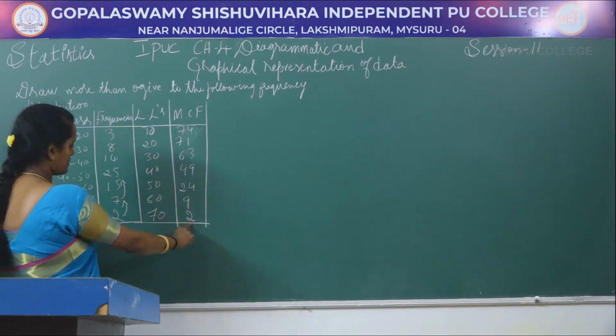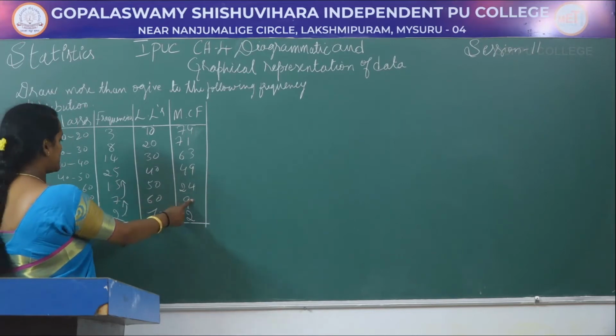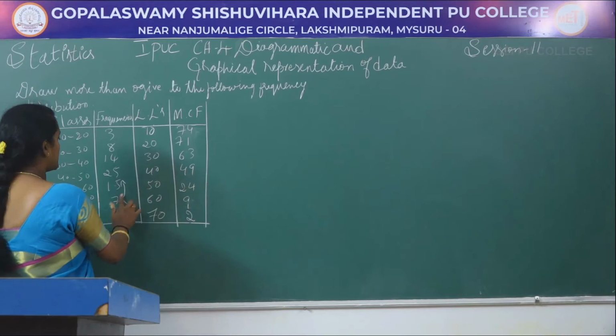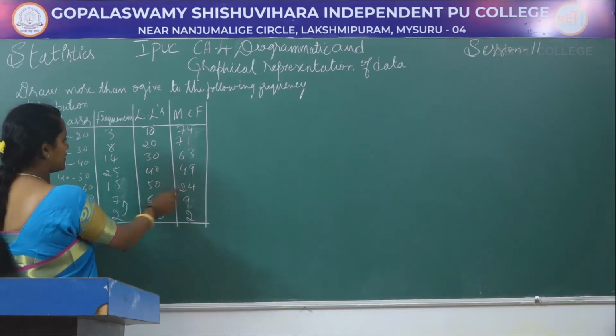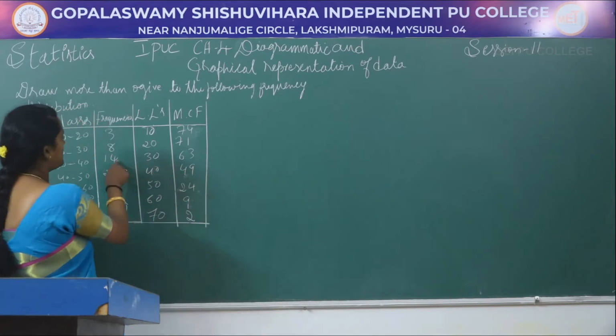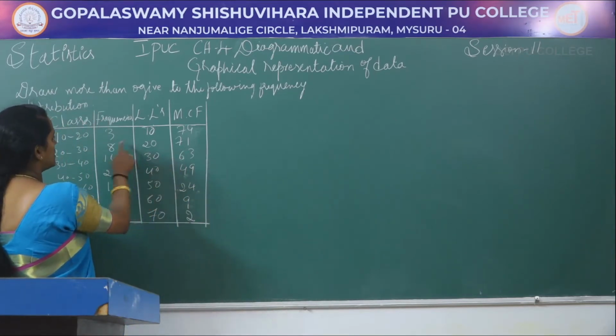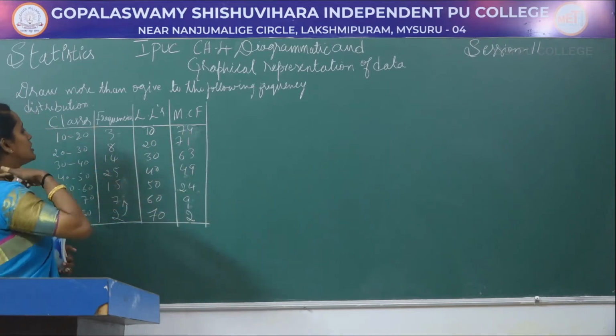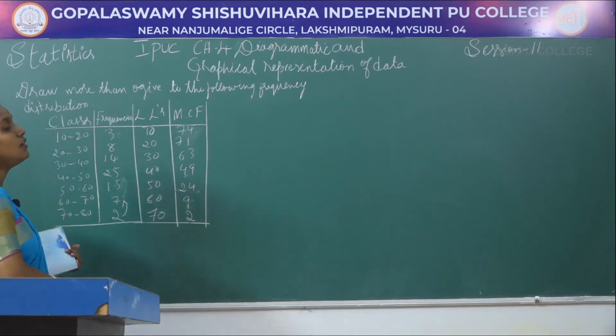The first value remains the same, 2. 2 plus 7 is 9. 9 plus 15 is 24. 24 plus 25 is 49. 49 plus 14 is 63. 63 plus 8 is 71. 71 plus 3 is 74. So this lower cumulative frequency is the MCF.